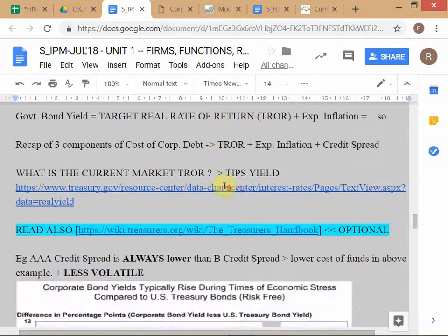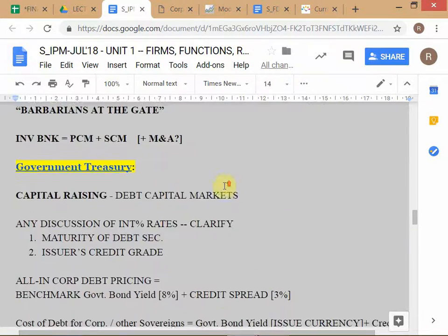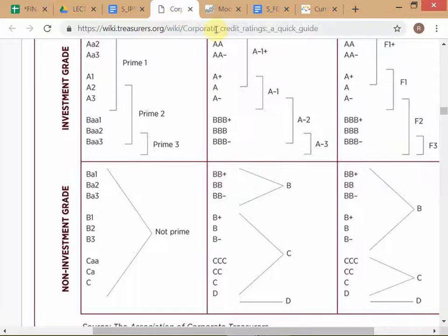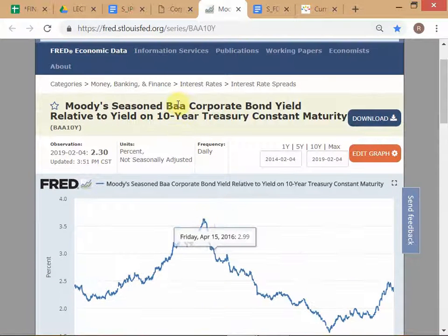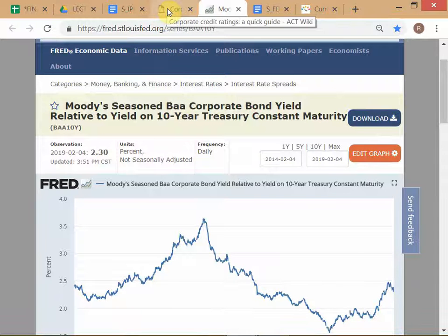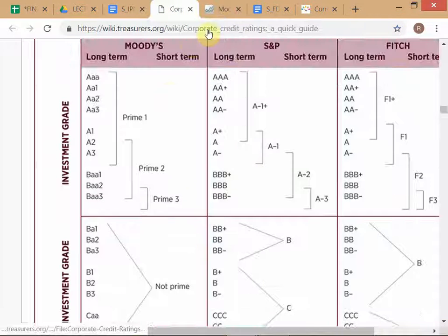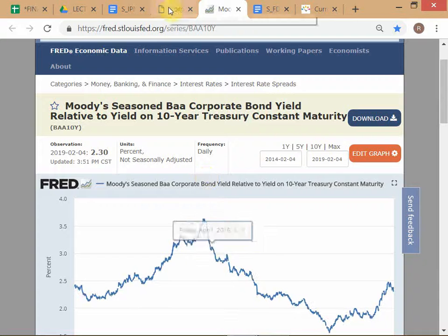All right, this is another point we have to be aware of in the discussion of debt markets. Remember that credit spreads, what we saw here, this is BAA. This is Moody's. It says seasoned BAA corporate bond yield relative to yield on 10-year.